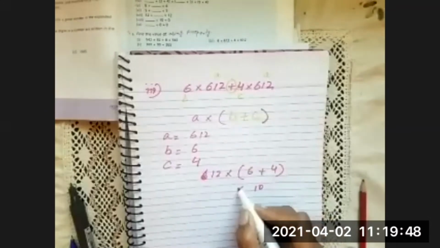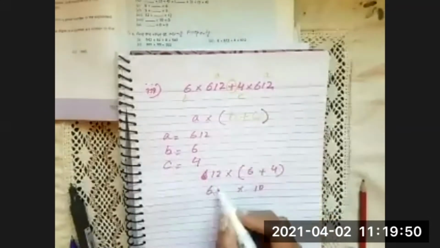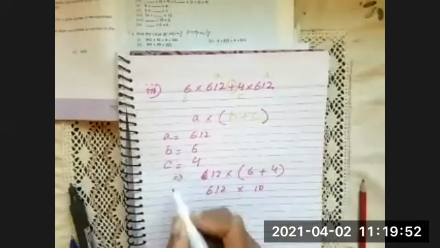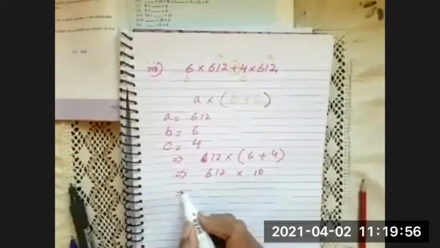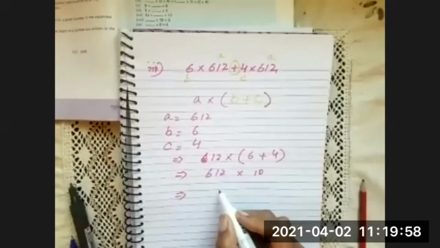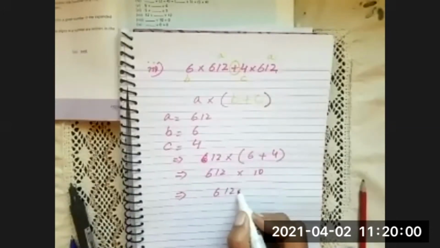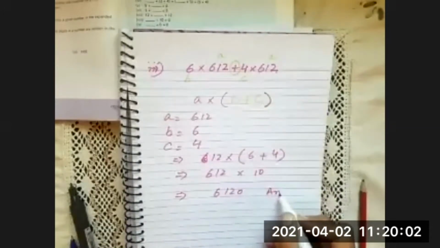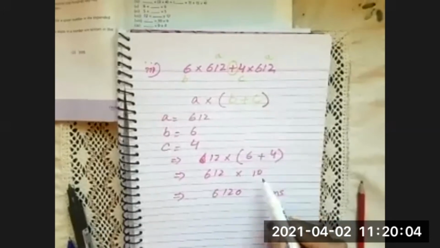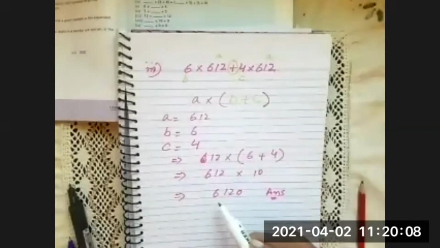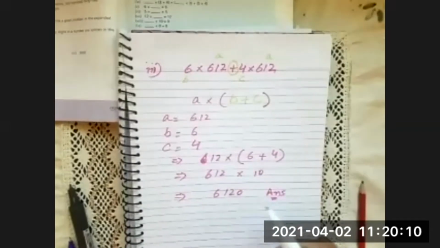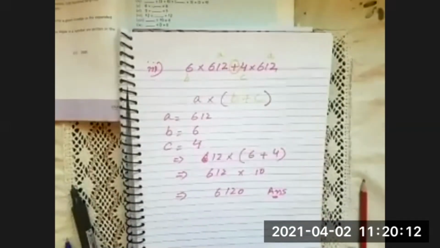Solve it first because both the quantities are in the bracket. Now, by doing the multiplication, you will get 6,120 as your answer. 0, 1 2 is 2, 1 1 is 1, 1 6 is 6. 6,120 is your answer to the third part.